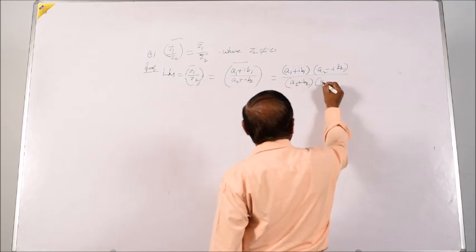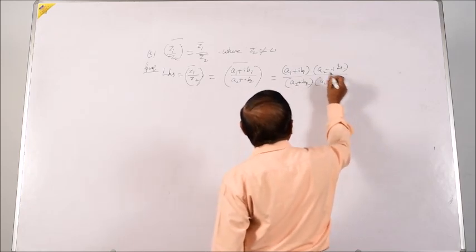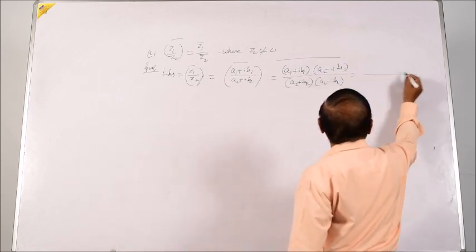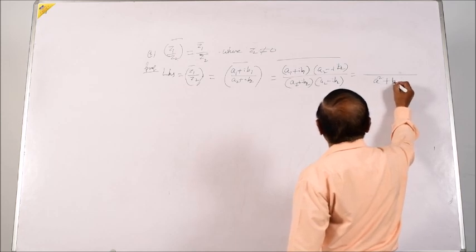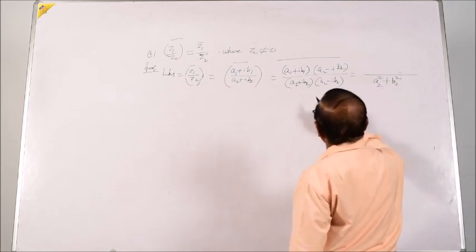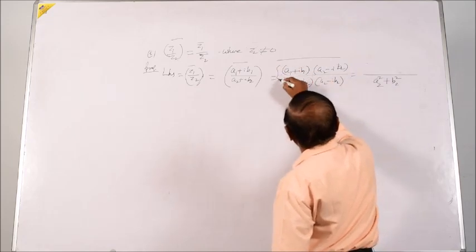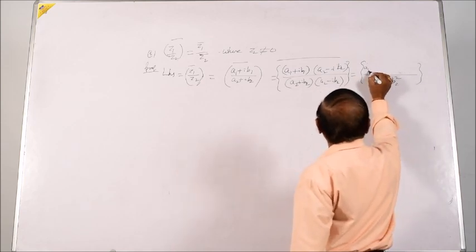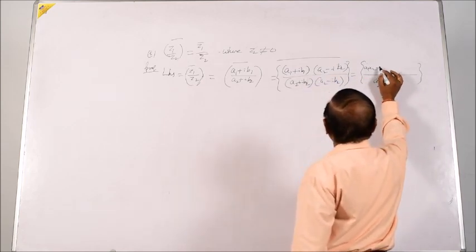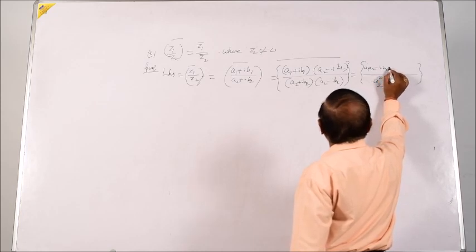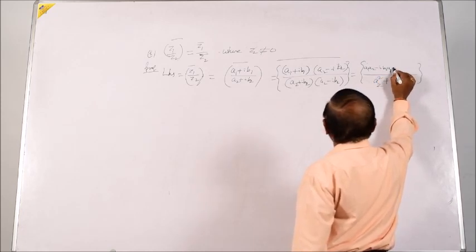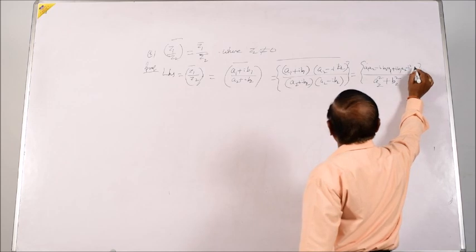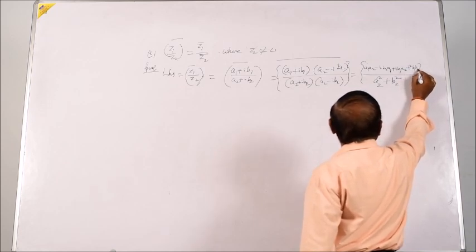Its conjugate will be a2 minus ib2. So ultimately the denominator will be a2 square plus b2 square, and the numerator will be a1 a2 minus i b2 a1 plus i b1 a2 minus i square b1 b2, whole bar.